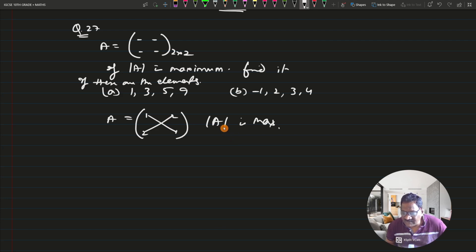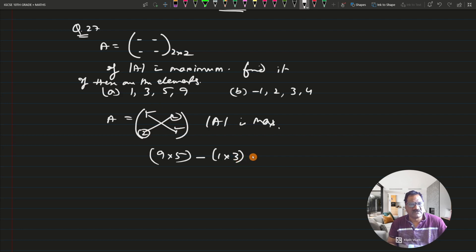Find the largest possible value of the determinant. So suppose in these two positions I put 9 and 5, 9 into 5, minus, in these two positions I will put 1 and 3, so it will be 1 into 3, right? So this gives me the determinant of A equal to 45 minus 3, which is equal to 42.